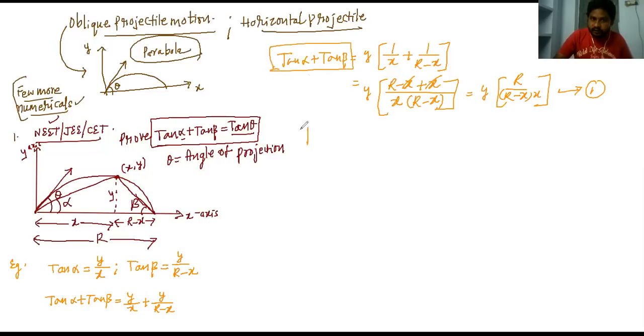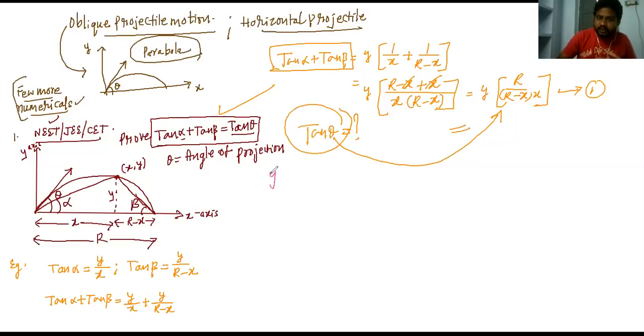Then we need to find tan theta. If your tan theta value is also equal to this value, then your relationship is correct. Otherwise, it's wrong. And how will you find tan theta? We have the concept that the path of a projectile is a parabola.